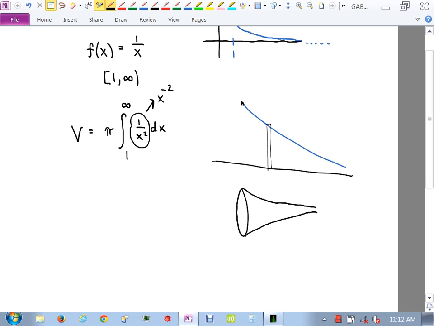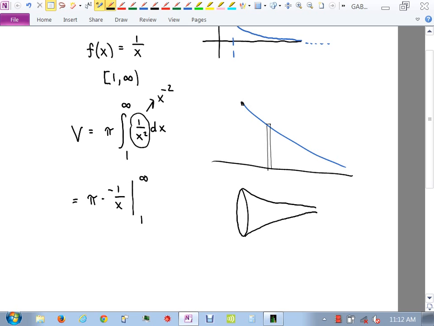So this equals pi times negative 1 over x, correct? That's the antiderivative, evaluated from 1 to infinity.